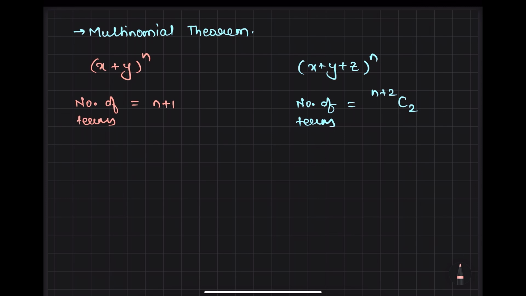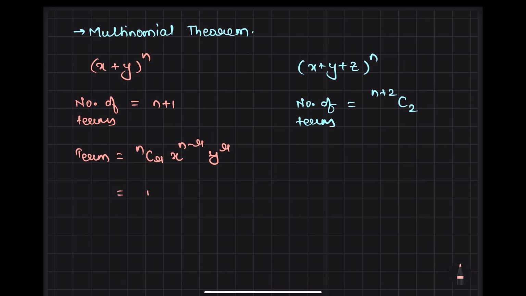Now let's open this thing, meaning I am interested in the element. Suppose that I am talking about some term. How does a term look? So you know that it may have nCr, then we will have x power n minus r, y power r. Now look at this and connect all the dots.